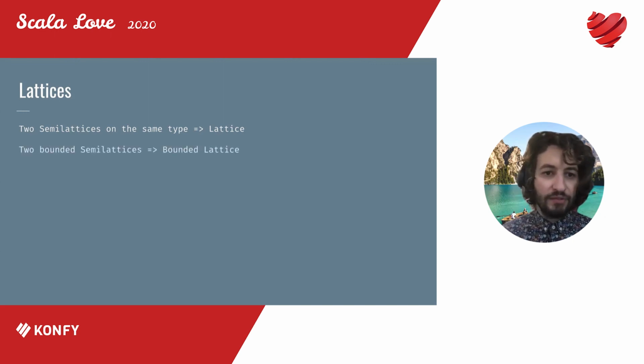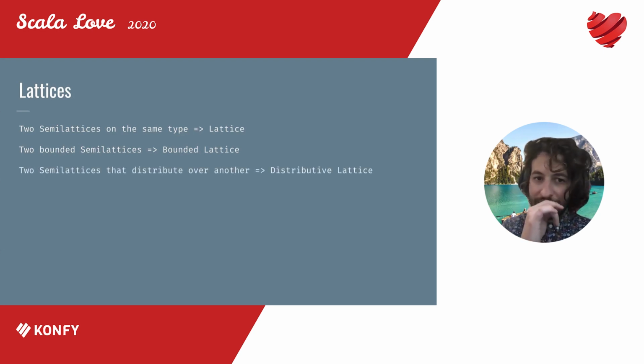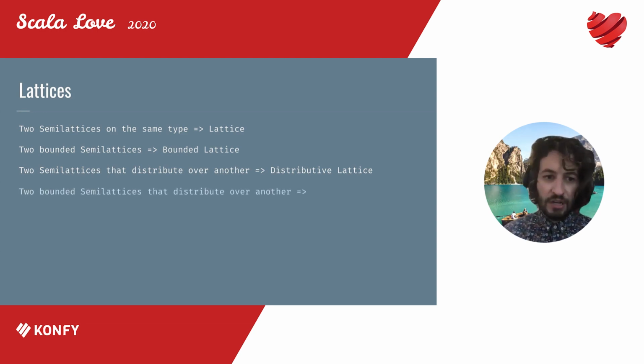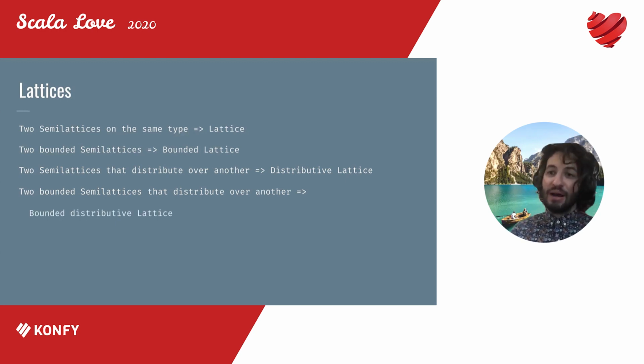And if we have two bounded semi-lattices, we get a bounded lattice. And two semi-lattices that distribute over another is called a distributive lattice. Two bounded semi-lattices that distribute over another is called a bounded distributive lattice. It's quite a mouthful, but it is what it is.